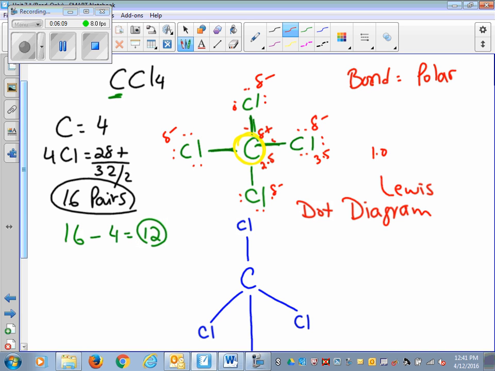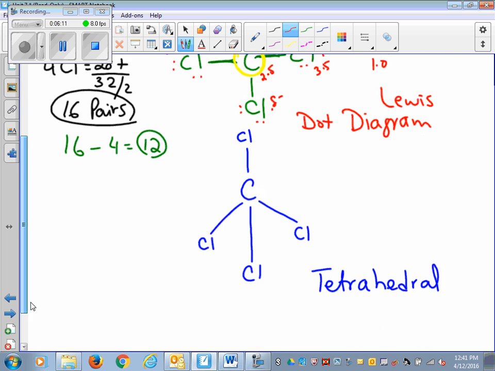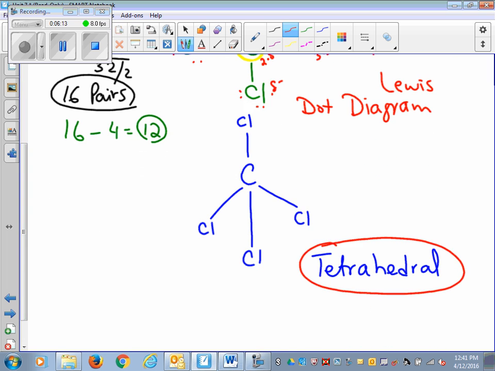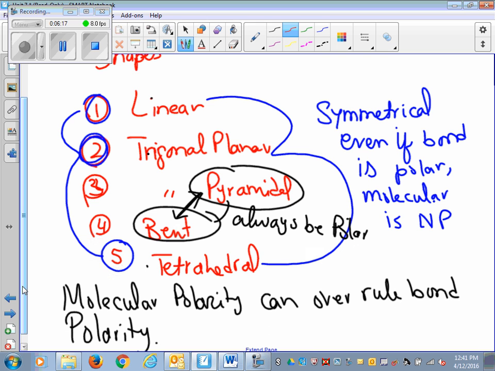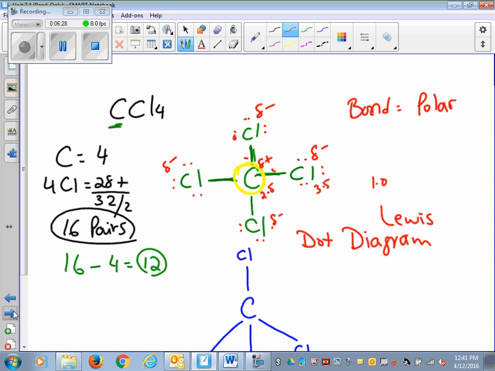But the shape is tetrahedral. On the back page, I told you that if the shape is tetrahedral, trigonal planar, or linear, the molecule is always non-polar. So going back, the bond is polar, but the molecule is non-polar because of the shape. It's a tetrahedral shape, which is symmetrical.